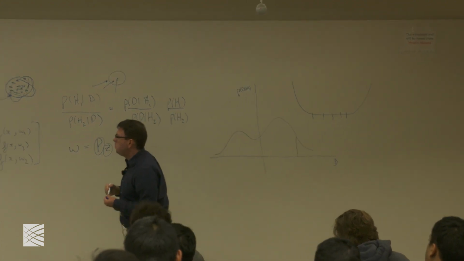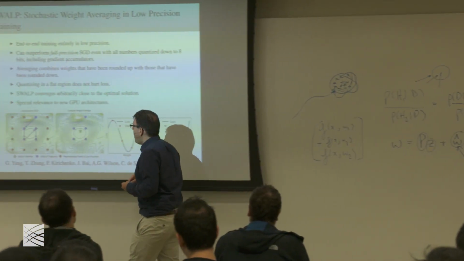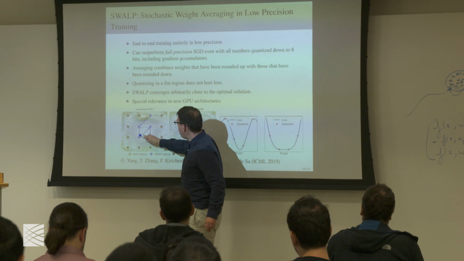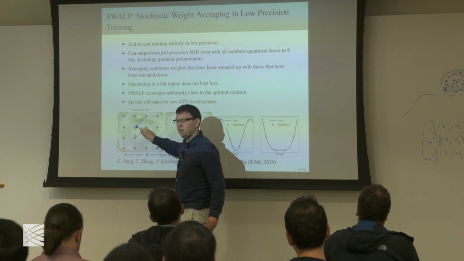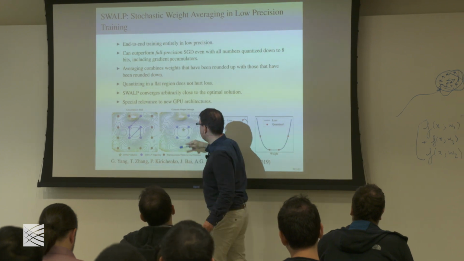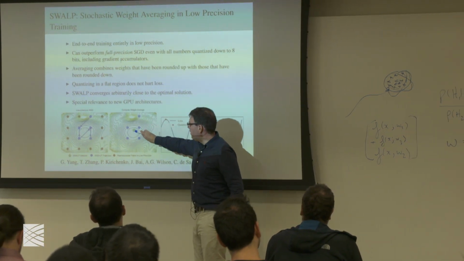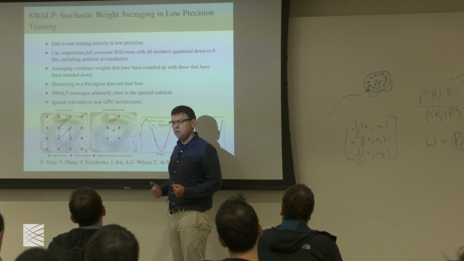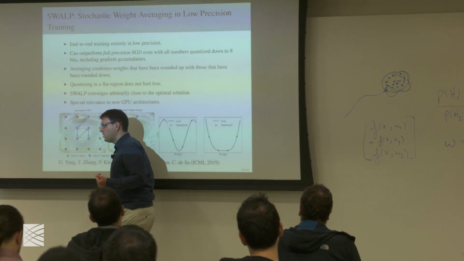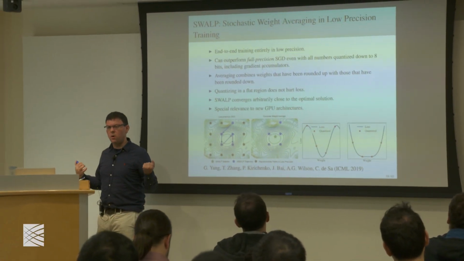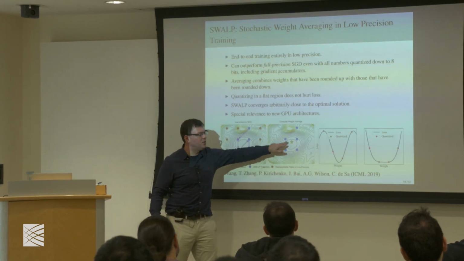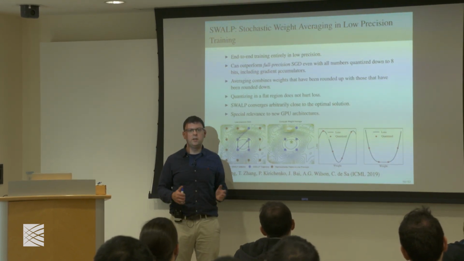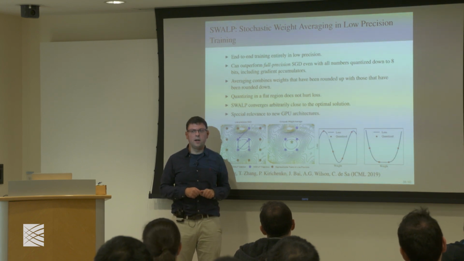What we do is we run SGD in low precision with a high learning rate. And these are the representable points on this grid in that level of quantization. And then in high precision, we take an average, and we use that as our solution. And we found that we could go all the way down to representing all numbers, including gradient accumulators, in 8 bits, and get as good performance as full precision SGD on CIFAR-10 and CIFAR-100.